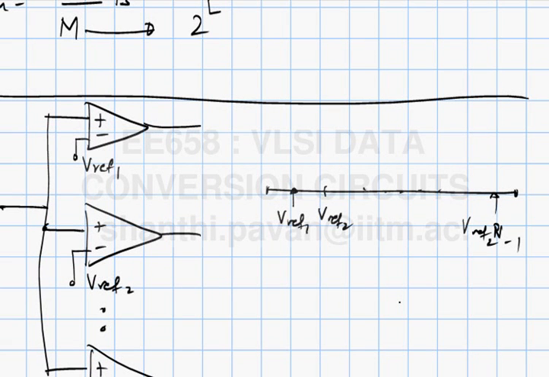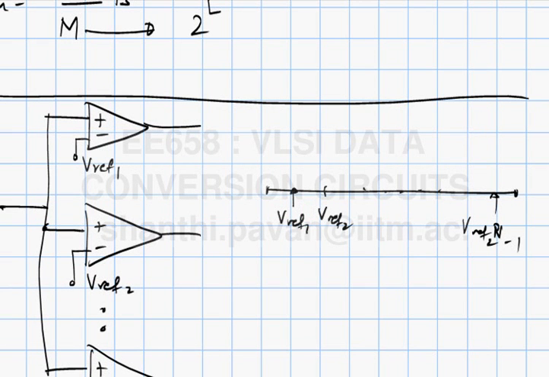So a straightforward way of doing it is to compare the input simultaneously with a whole bunch of references, the references being chosen so that they are all uniformly spaced within the full scale range.